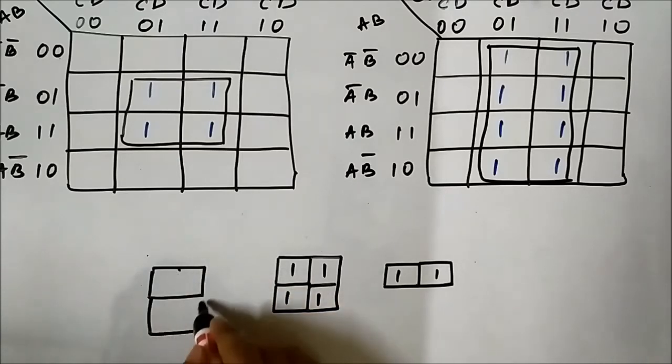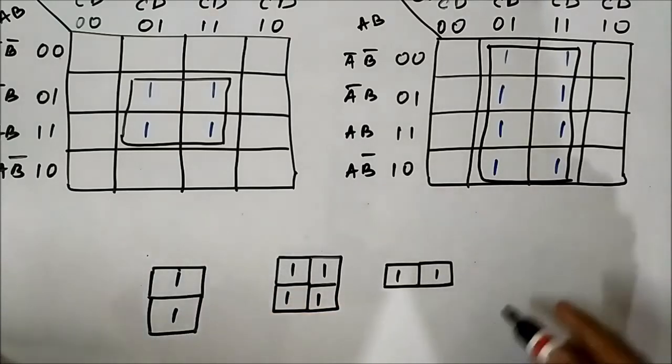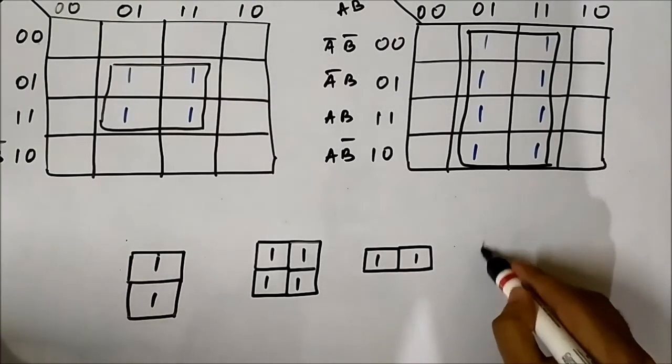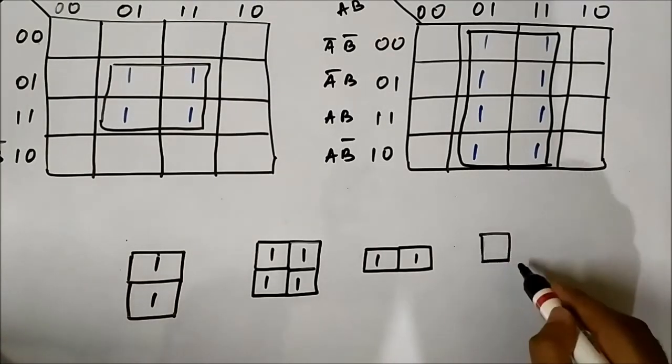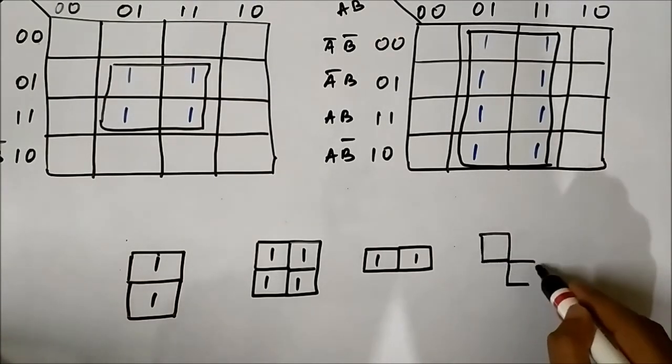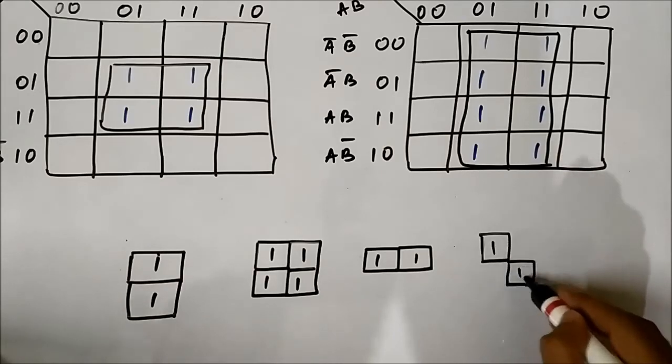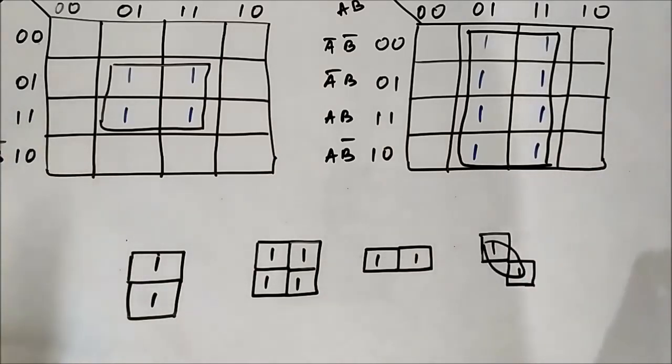Then this is also a possibility. But if there are 2 cells like this, let's say this and this, you cannot form a group like this. Cross grouping cannot be done.